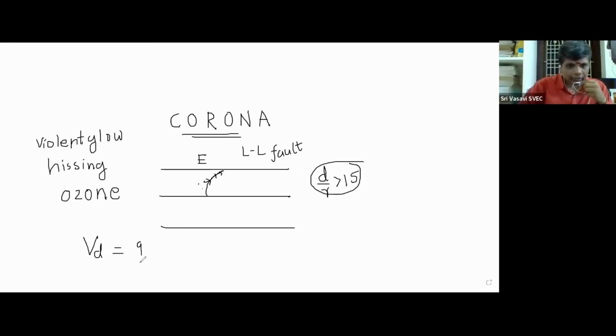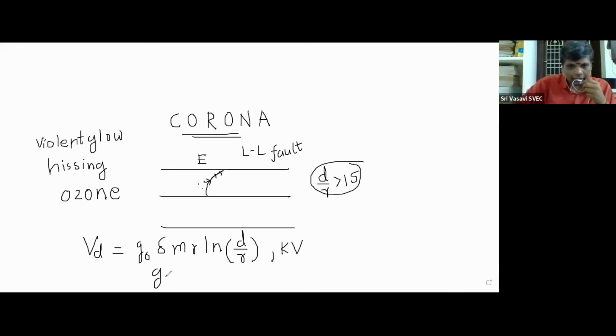Its value is G0 delta M R ln D by R, for single phase, in kilovolts. Where G naught is the dielectric strength of the air.